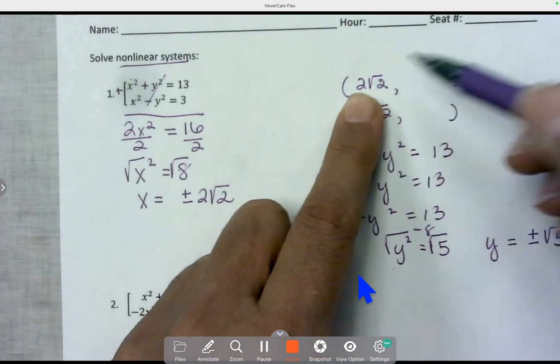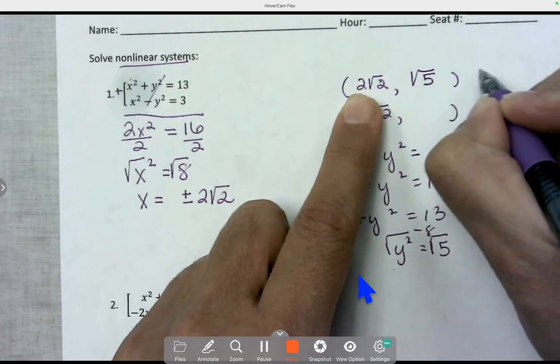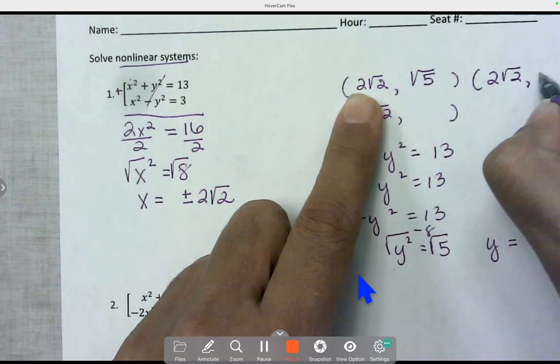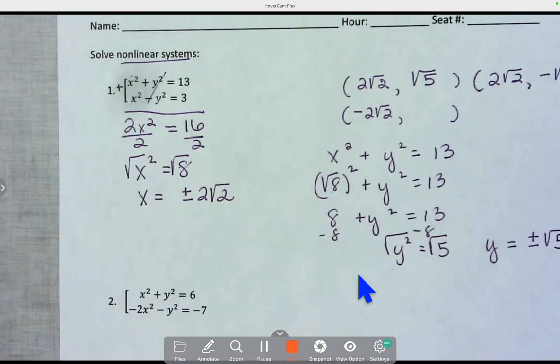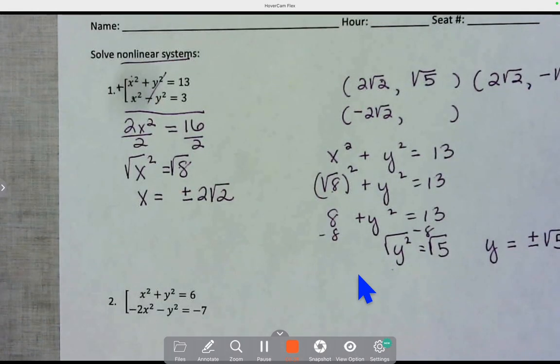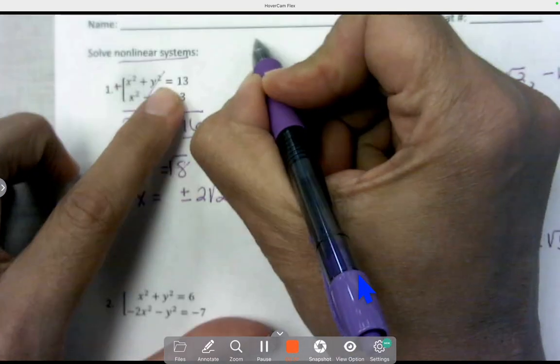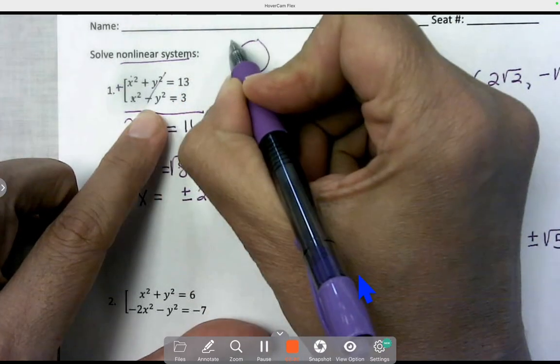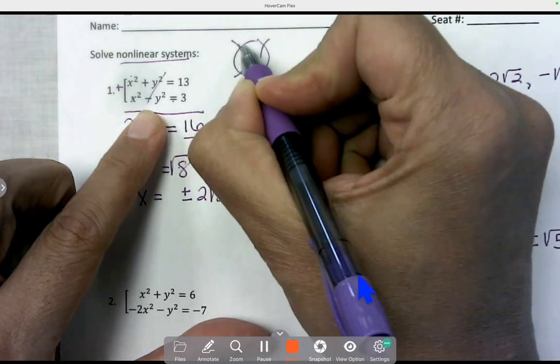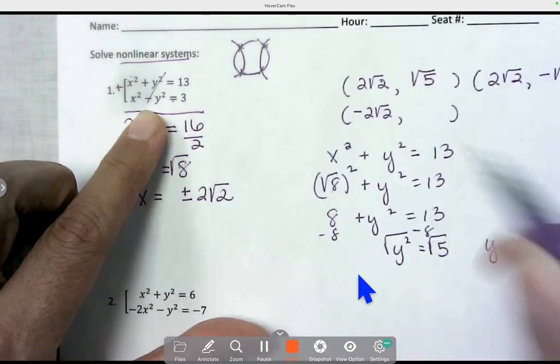So 2 square root of 2 equals a positive square root of 5, and 2 square root of 2 equals a negative square root of 5. So remember, when I showed you this on Desmos, this is a circle, this is a hyperbola, so you have 1, 2, 3, 4 points of intersection.